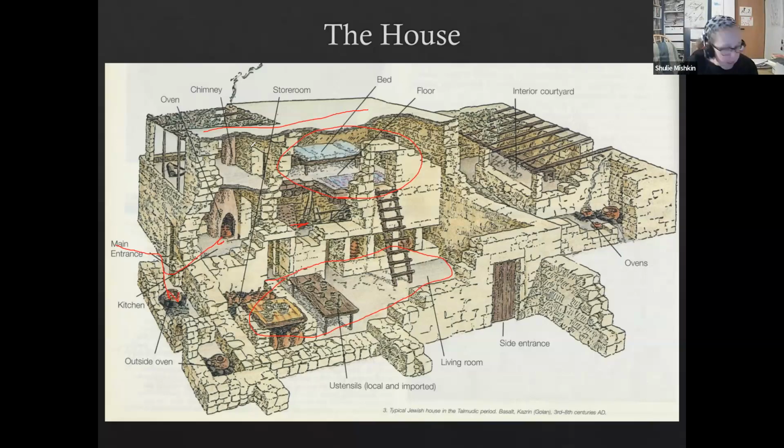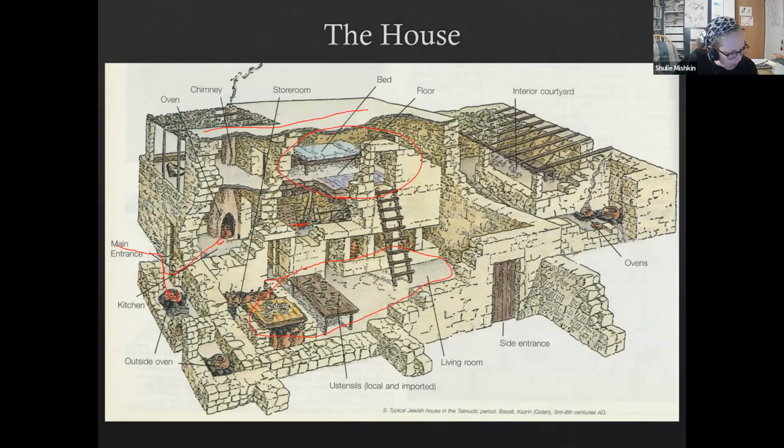Okay, so we have all these different pieces. Furniture, I didn't talk so much about furniture in this class. We talked a little about tables last time when we talked about the money changer. What's our furniture? We have tables, we have chairs, we have benches, right? A safsal, that's a bench, is very important. We have ladders. We have different kinds of ladders that the Mishnah talks about. We obviously have our cooking utensils that we'll get to.